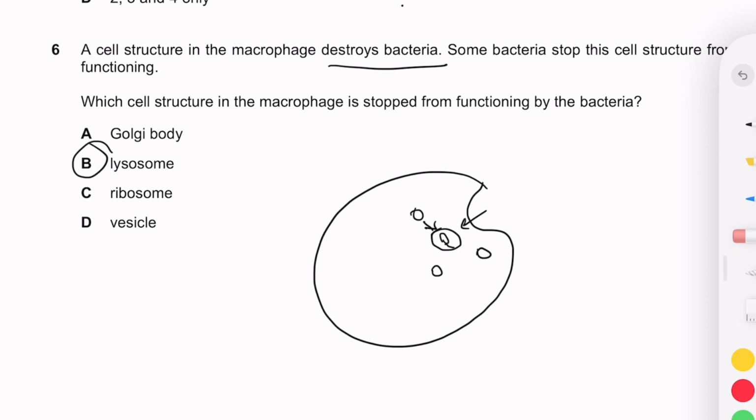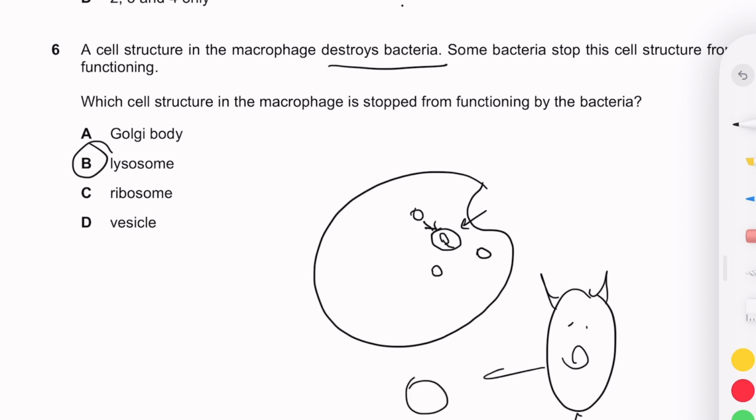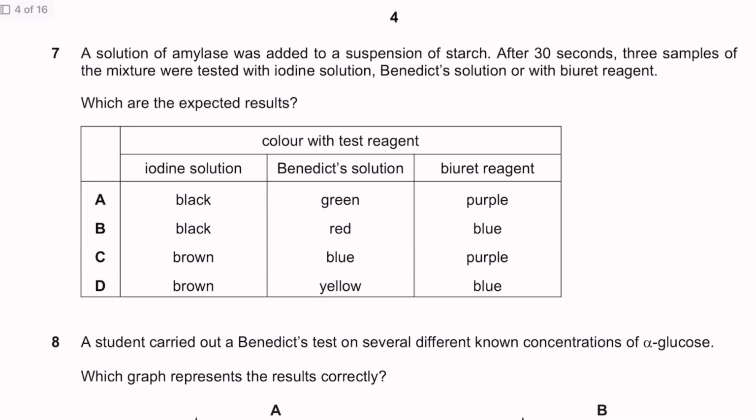So the lysosome contains hydrogen peroxide to kill the pathogen, and enzymes that digest the pathogen and everything. So of course bacteria here are going to be like, okay, I want revenge now, right? And so hold on, the erasers. Okay, she's going to want revenge, and so basically she's going to stop the lysosome from functioning. Okay, stops it.